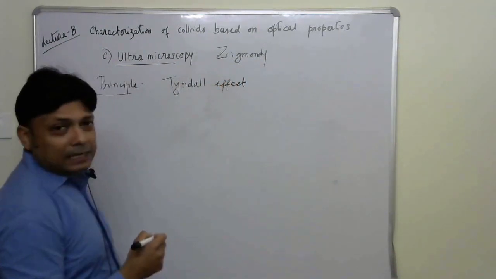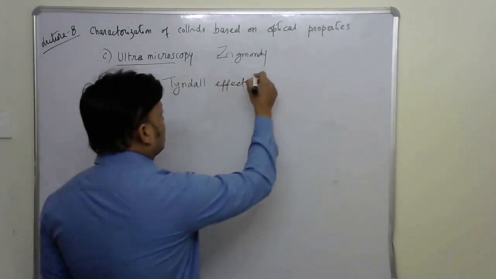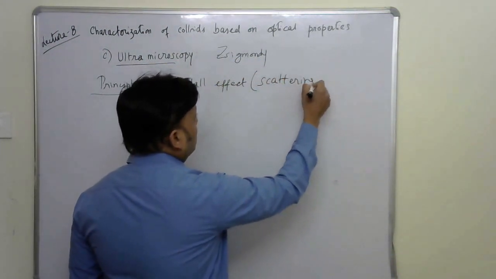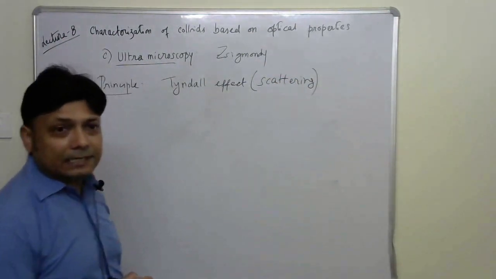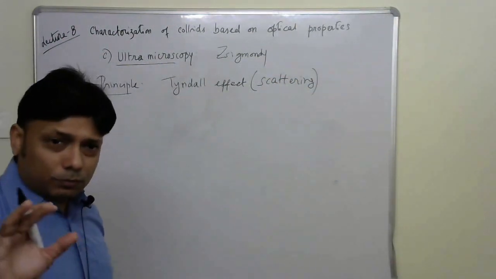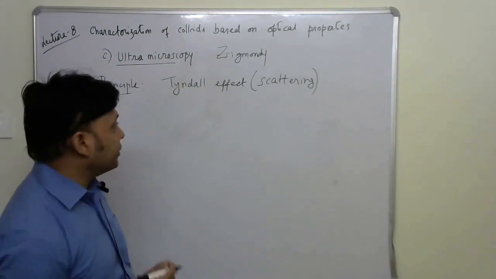It is called the Tyndall effect, and this is basically a scattering phenomenon. So we can also call it the process of Tyndall scattering. What is Tyndall scattering, we will come to that in the next lecture.